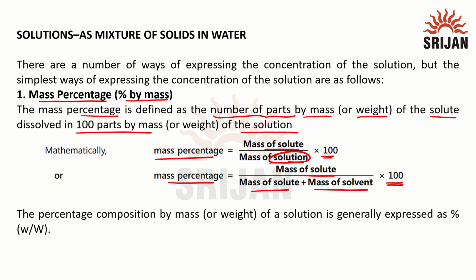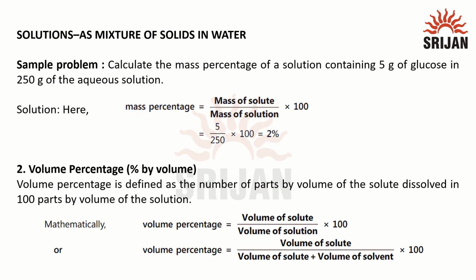The percent composition by mass or weight of a solution is generally expressed as percent small w by capital W. Now if I take an example, let me calculate the mass percentage of a solution containing 5 grams of glucose in 250 grams of the aqueous solution.